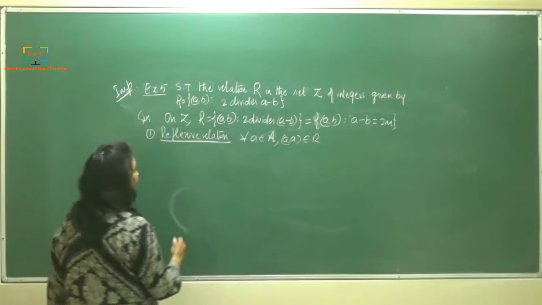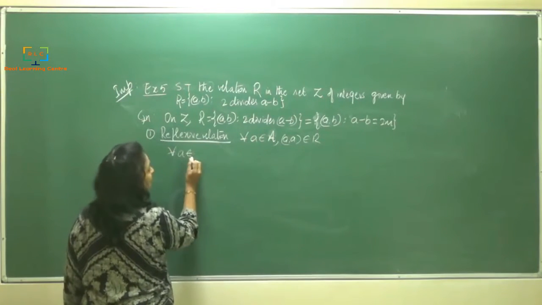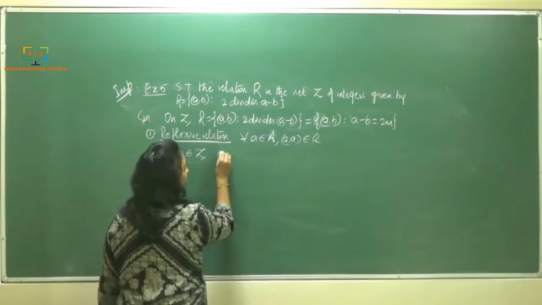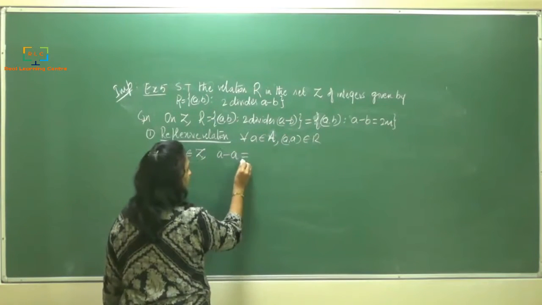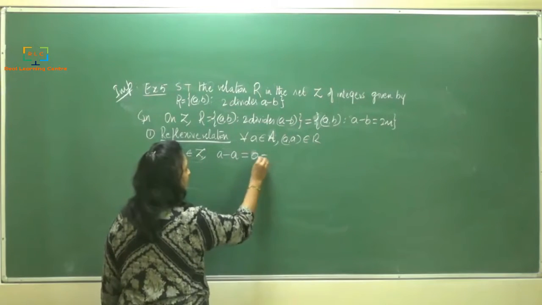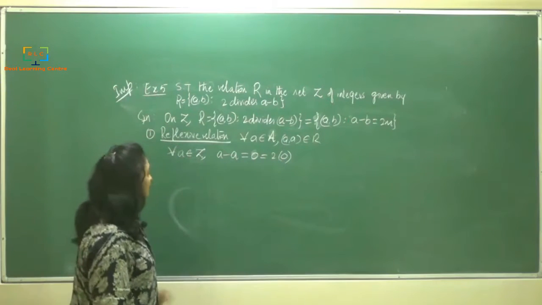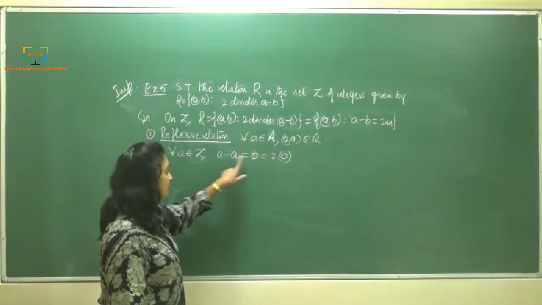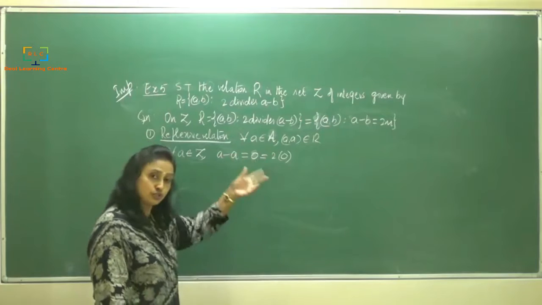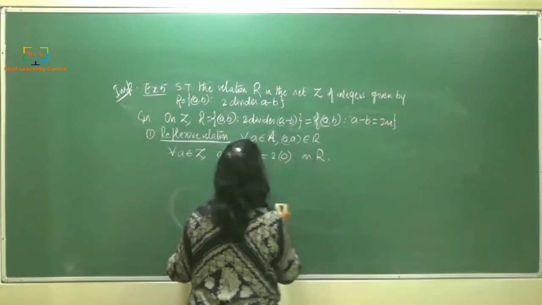So now for all a belonging to Z, a minus a is equal to 2 into, what can I write? I'll write it as 0. That 0 also can be written as 2 into 0. So a minus b is divisible by 2, that is, 2 divides 0 is true. Where? On Z, on our relation R.